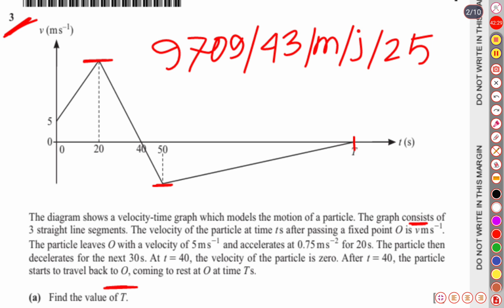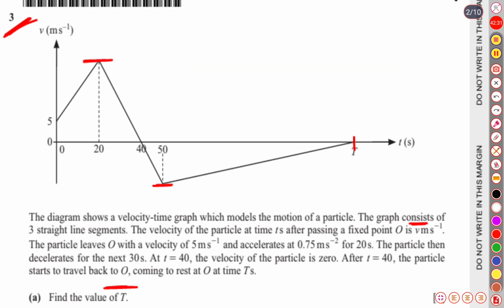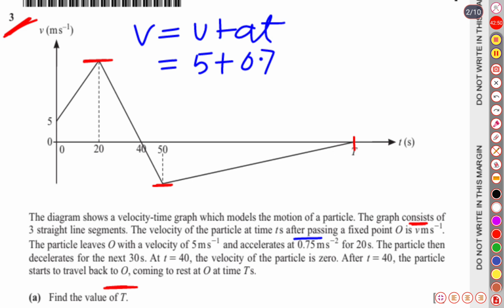For the first 20 seconds, the acceleration is uniform, so v is equal to u plus at, and the initial velocity is 5. It started from 5 meters per second, plus acceleration is given as 0.75 meters per second squared, into time, which is 20 seconds.